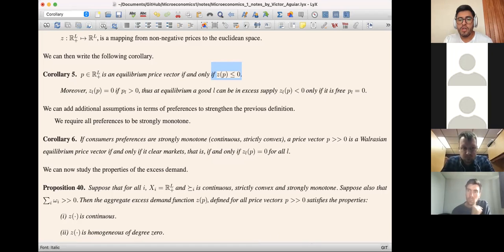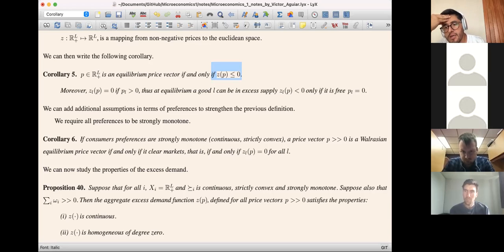Good. So now, what people do in real life, especially if you go to macro, is that it will be very rare to see less than or equal to 0. Usually, when people work in real life, consulting, macro, they will use this definition with z_l(p) equal to 0 for all l.